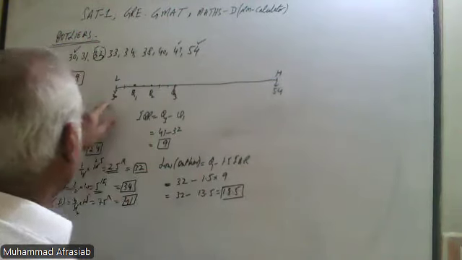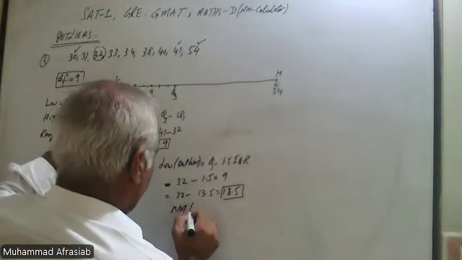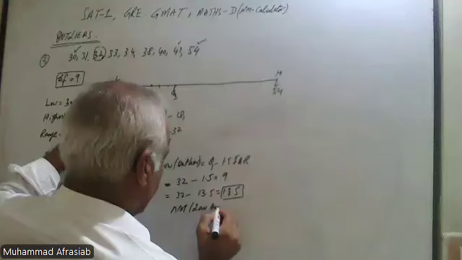But 18.5 is not in the range, so there is no lower outlier.